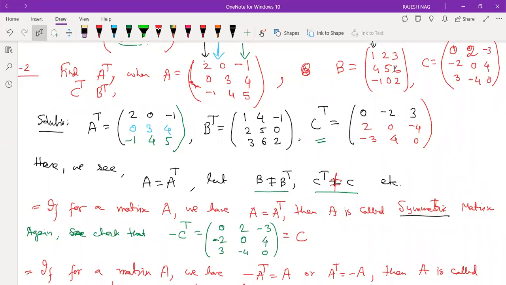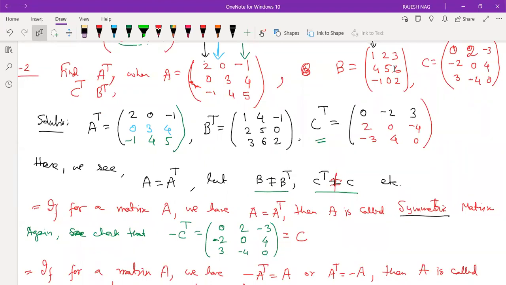If the property holds, then it is called a symmetric matrix. If it is not, then it is not a symmetric matrix. Clear? There is no headache about it having to be symmetric. Again, a matrix that is not symmetric need not be skew symmetric. A matrix may be simply like a matrix. But if this property holds, then it is called skew symmetric.